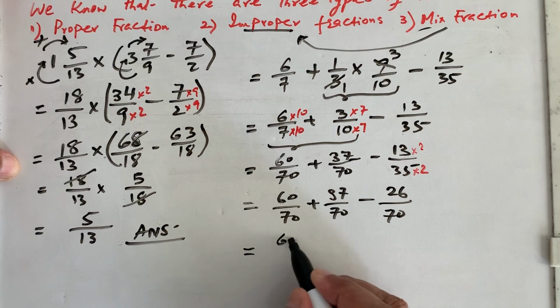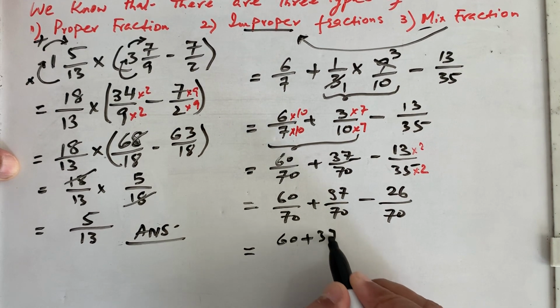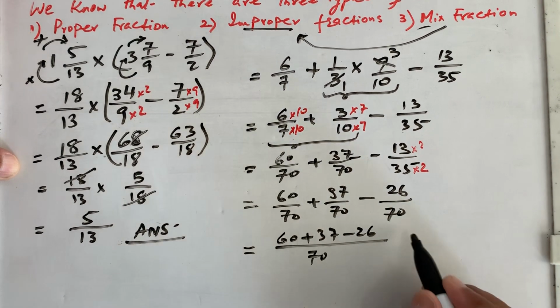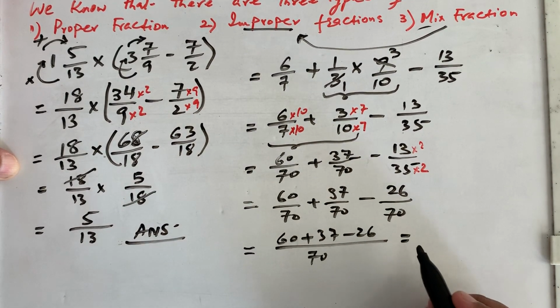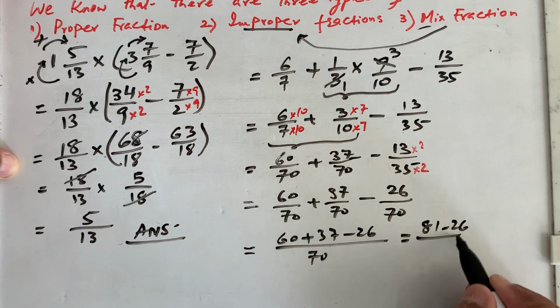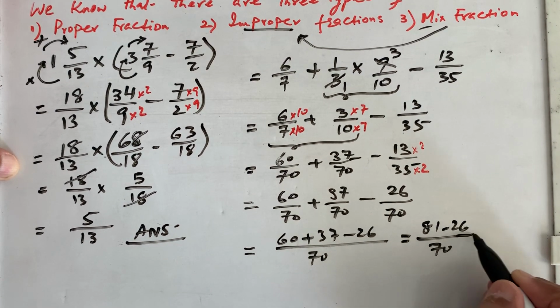So I will say 60 plus 37 minus 26 over 70, and if you simplify this, you will have 81 minus 26 over 70, right?